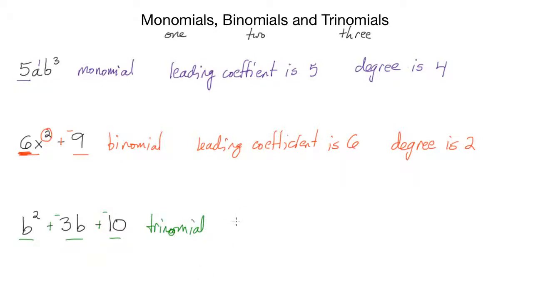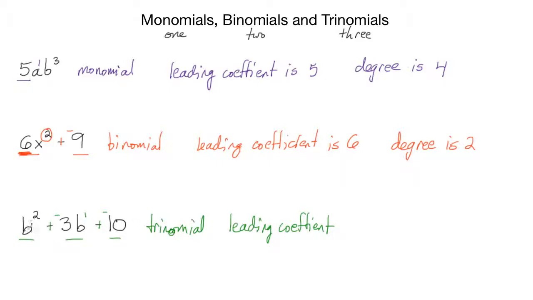So let's talk about the leading coefficient here. You may think, well, there is no leading coefficient, right? There is nothing. I'm going to find my largest term, or the largest degree term, so it's a b squared. This is only b to the first power, and the negative 10 has no variable.